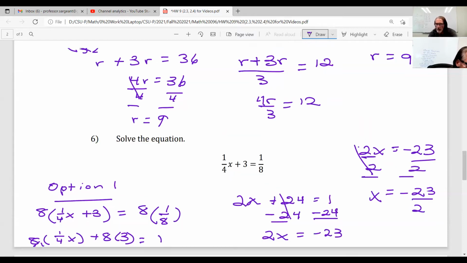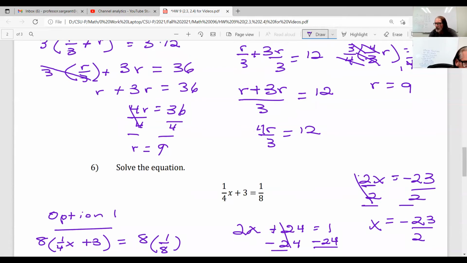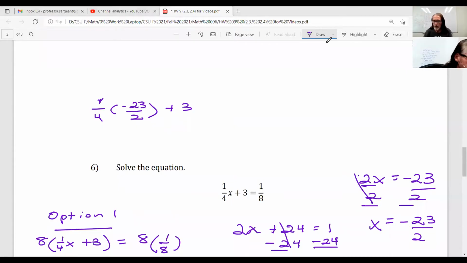Let's get a little room up here to show a check. All right, so first we're going to have to multiply before we can add that 3. So there's no reducing that we can do. It's going to be negative 23 over 8.